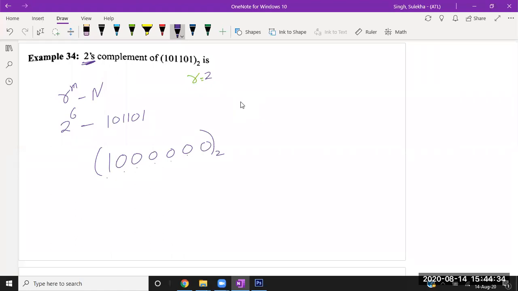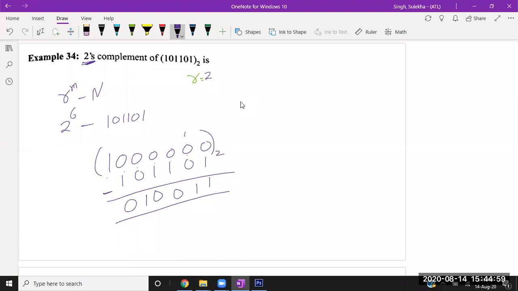After writing this, you need to subtract 101101 from this, and when you subtract, you will get 0 minus 1, and 1 will be a borrow here. This is 1, this is 0, this is 0, this is 1, and this is 0.